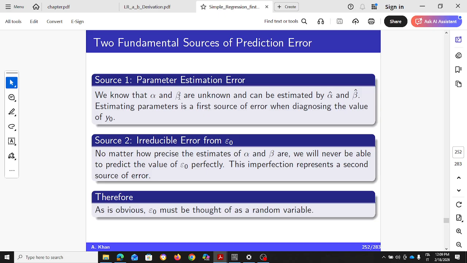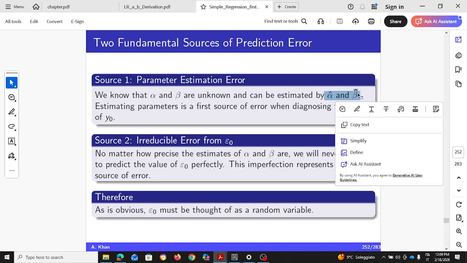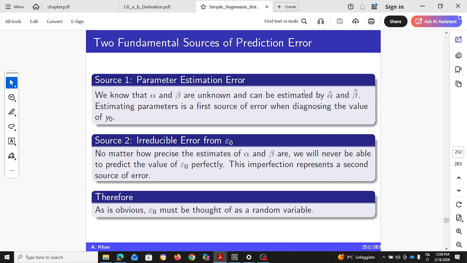We know that alpha and beta are unknown, and we can estimate them; we now have all the tools to do that. Estimating alpha and beta is the first source of error, because we cannot estimate them 100% precisely. There must be some error. The second source of error is the random disturbance, which comes from outside. So we have two sources of error here.